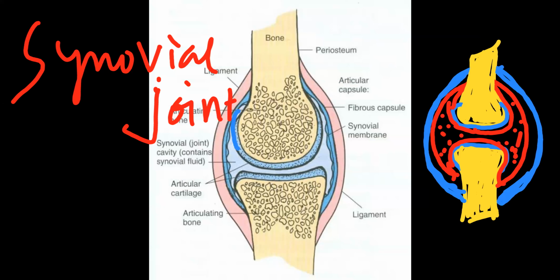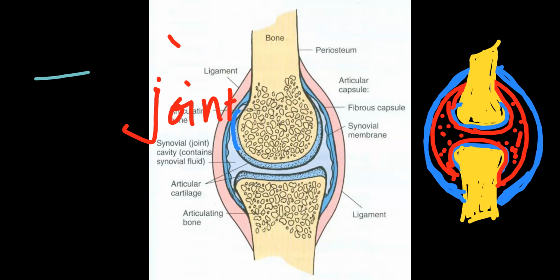Fine. In a synovial joint, the heads of the bones at the joint position are covered by what? Hyaline cartilage, isn't it?